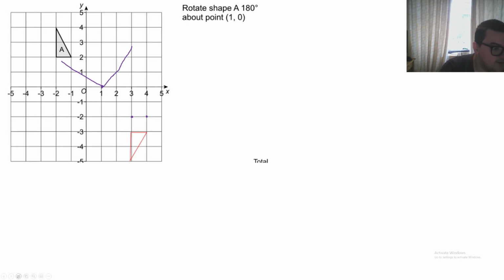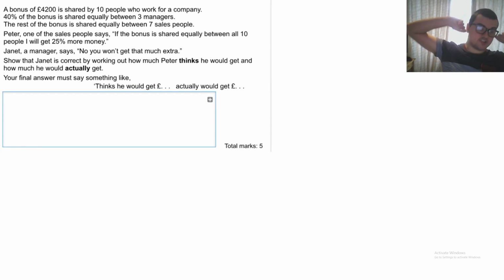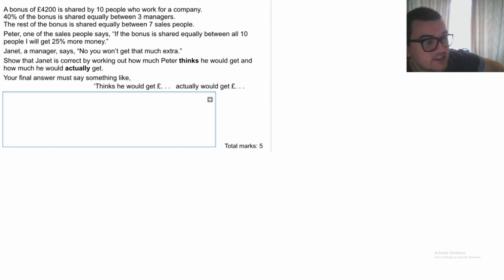We're going to skip the rotation question, because having just looked it up, all rotation questions want you to do is use tracing paper, and I can't really explain how to use tracing paper through this medium, because I can't really show it across very well.